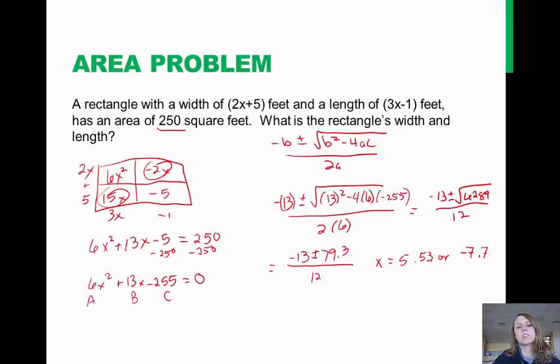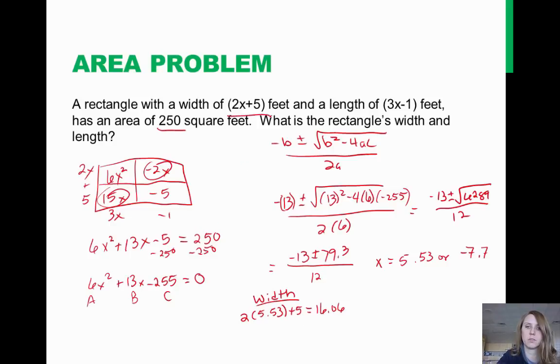We need to put these values into our width and length to find what the widths and lengths are. So let's look at our width. 2 times 5.53 plus 5 ends up being 16.06.